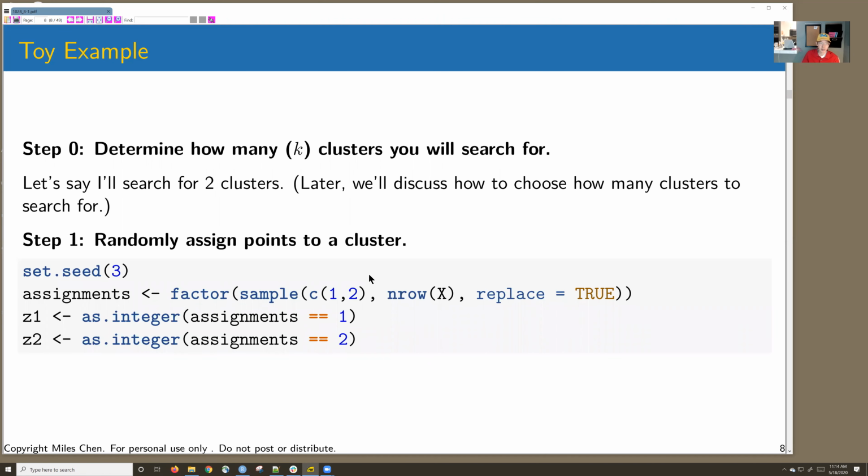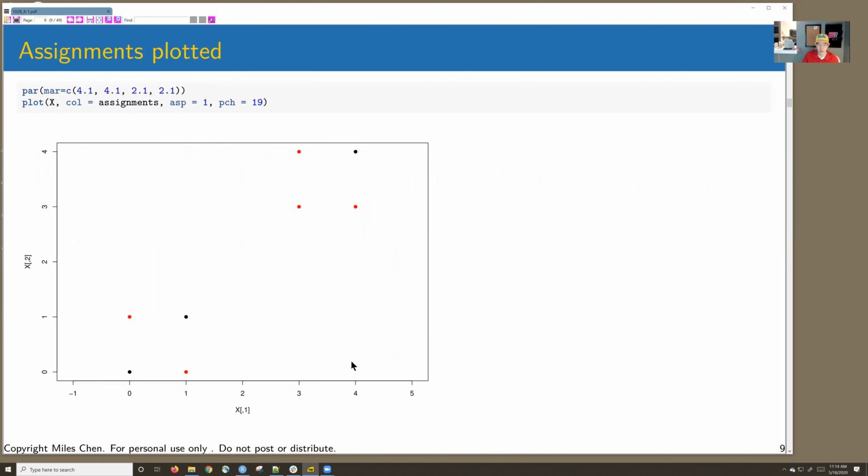Step 0, we pick how many clusters we're going to look for: 2 clusters. Then we randomly assign the points to a cluster. Here I just sample 1 and 2, create assignments out of that, and then create my Z1 and Z2, which is whether the assignment is equal to 1 or equal to 2.